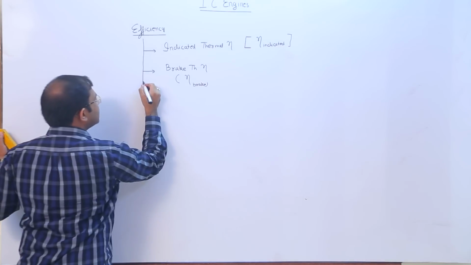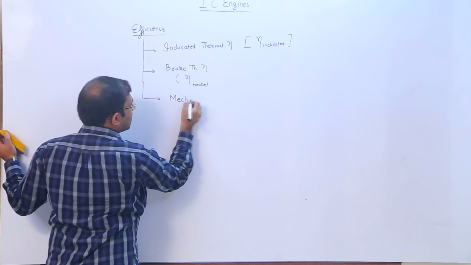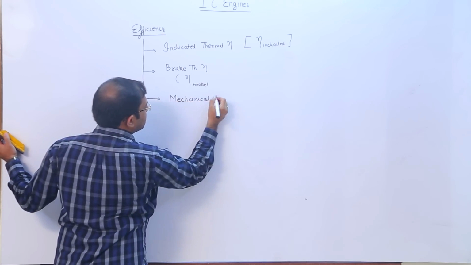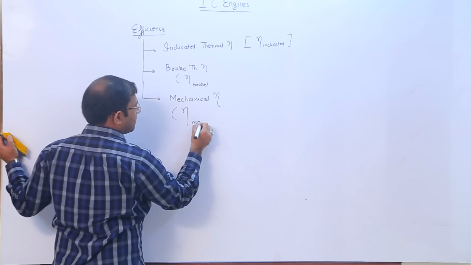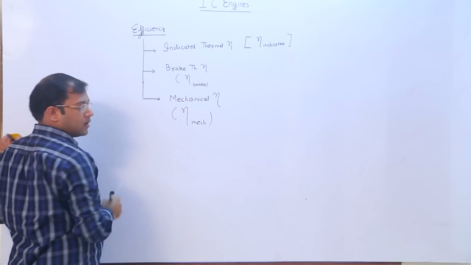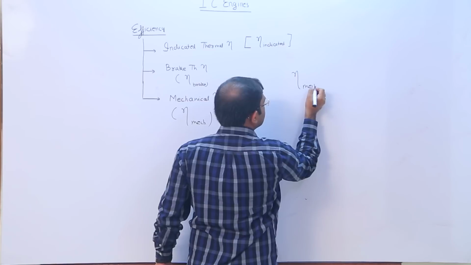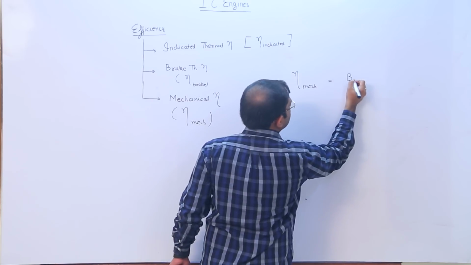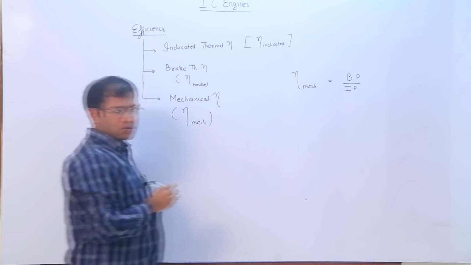Now the third efficiency here we need to study is your mechanical efficiency, represented by eta mechanical, and this eta mechanical is nothing but the ratio of brake power to indicated power.